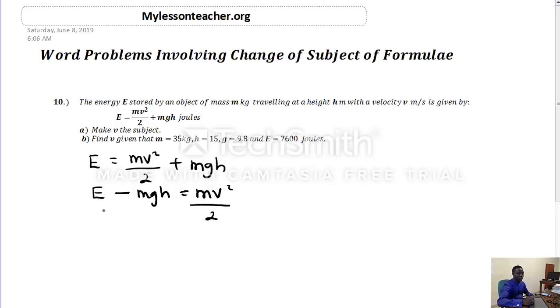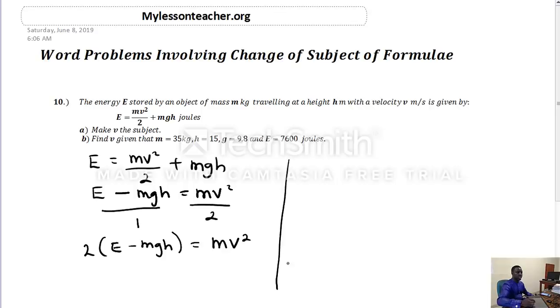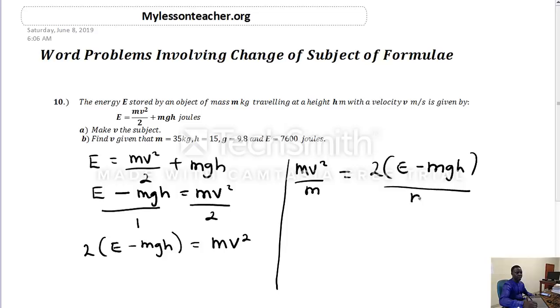Next is to cross multiply, and this will be 2 into bracket E minus mgh is equal to mv squared, and making v squared the subject of the formula warrants us to divide both parts of the equation by m, and this will be mv squared divided by m is equal to 2 into bracket E minus mgh divided by m.